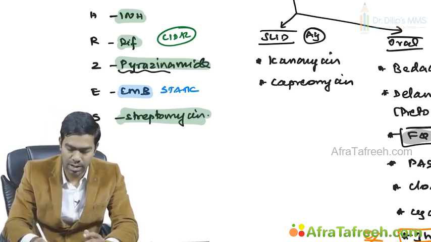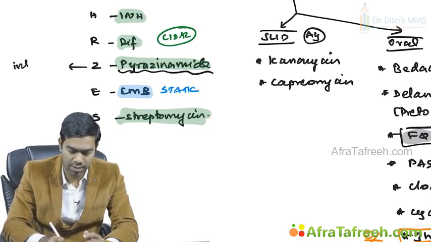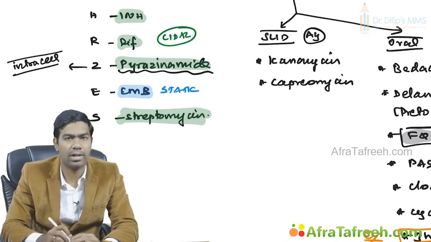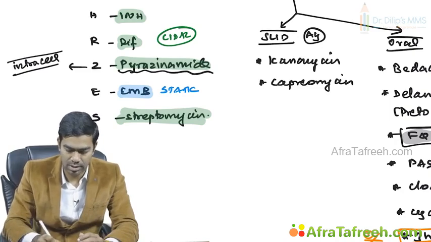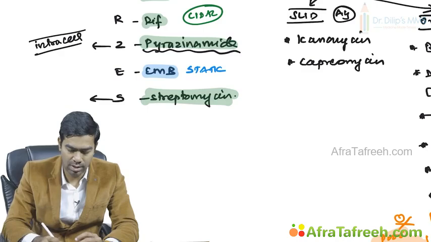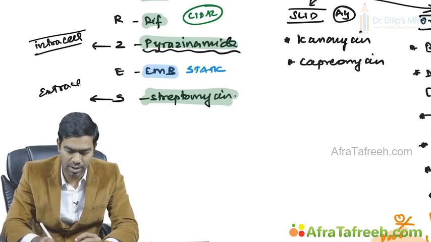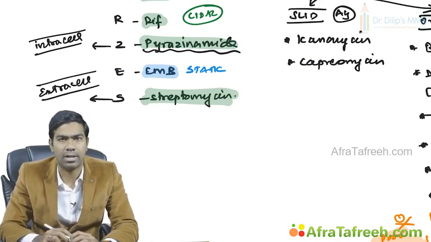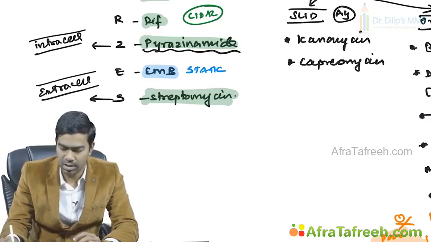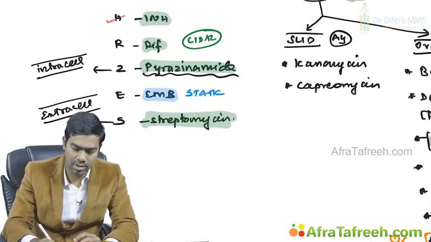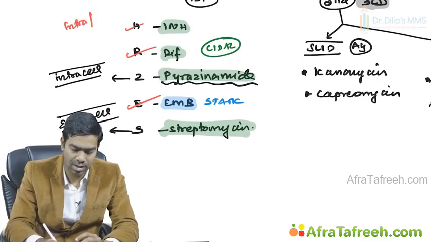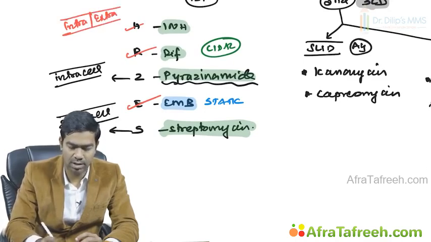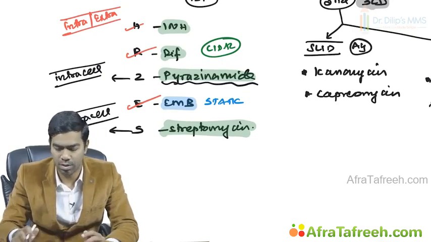Remember, pyrazinamide is one drug that is very effective for intracellular bacteria only, or at least predominantly intracellular bacteria. And streptomycin is one drug that is effective only for extracellular bacteria, or at least predominantly effective for extracellular bacteria. Clear? But the remaining three drugs, isoniazid, rifampicin and ethambutol, are effective for intracellular as well as extracellular bacteria. Clear? Very, very important point.